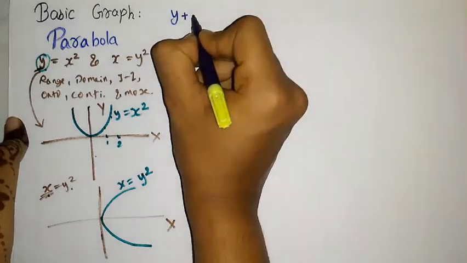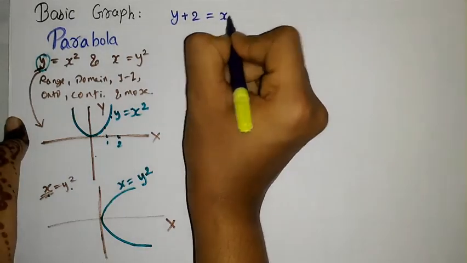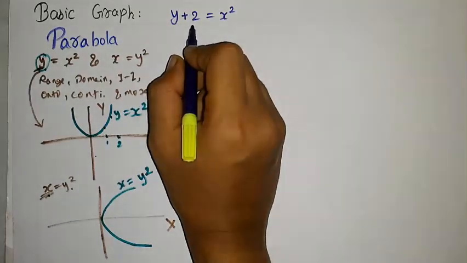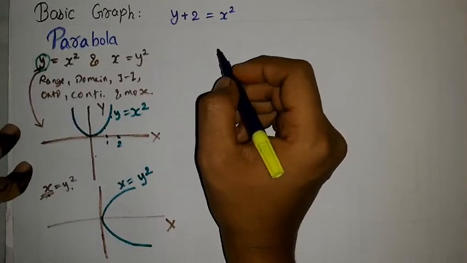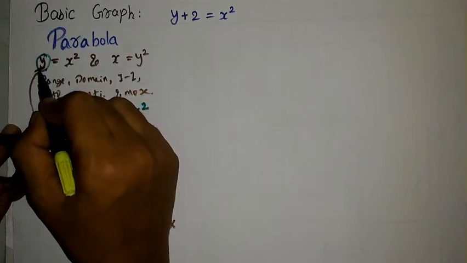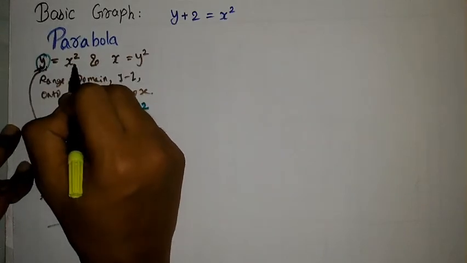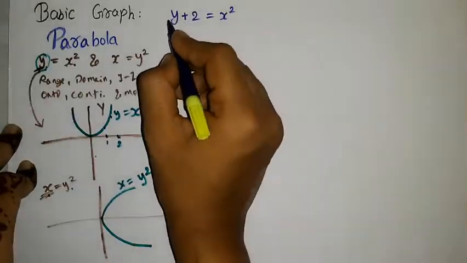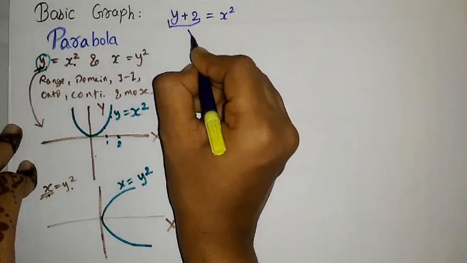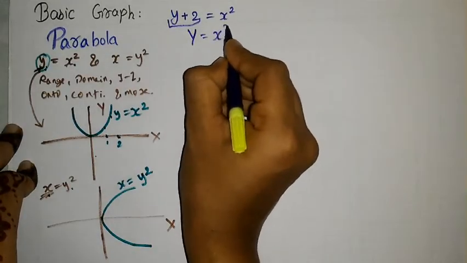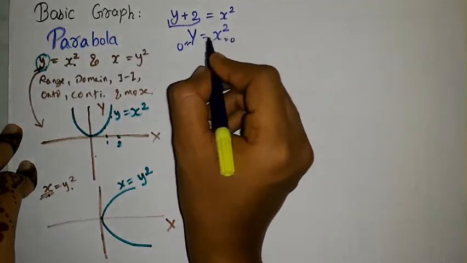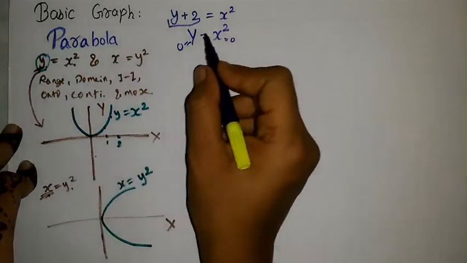If we are given y plus 2 is equal to x square, then in such an equation we know that when we put y is equal to 0, x is equal to 0. When this term becomes 0, it is equivalent to capital Y is equal to x square. So here this should be 0 and this should be 0, so they intersect at the x axis.